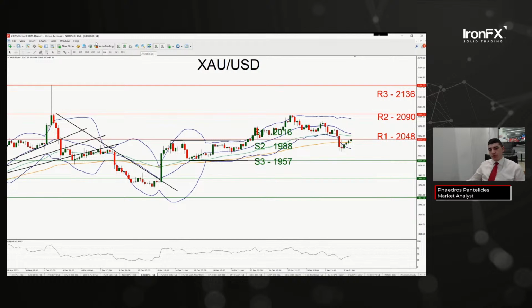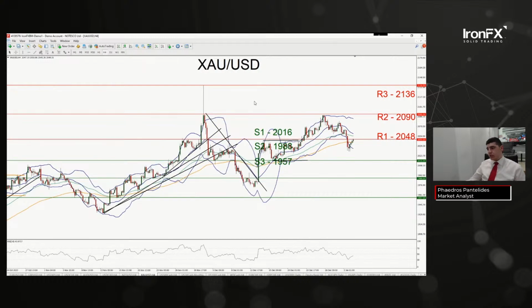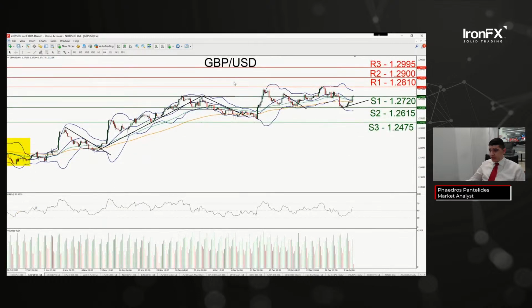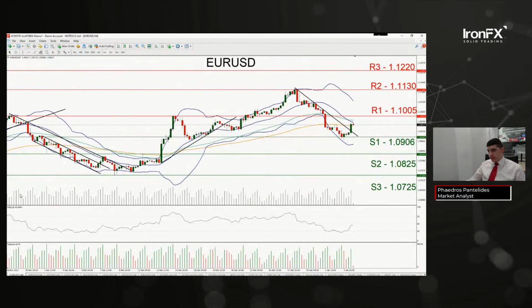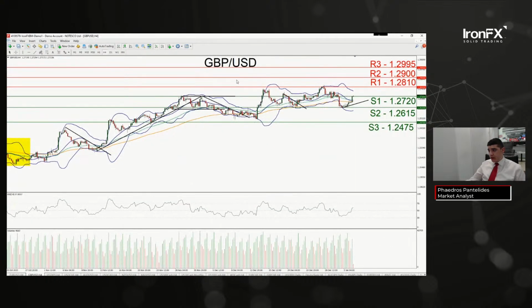Now, the reason for gold, as to why I'm not switching this to support, is that it's slightly clearer on the forex pairs rather than gold. As you can see, gold has been more of a gradual rise, whereas for the euro, we don't actually change. For the pound, strong upwards motion.